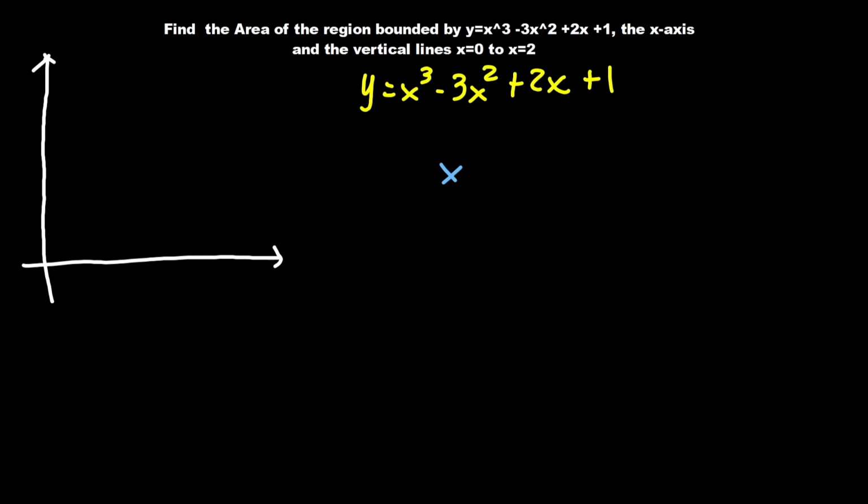Let's use the x and y table. Since our upper limit is x equals 2, we can give x more decimal values in order to more accurately graph.